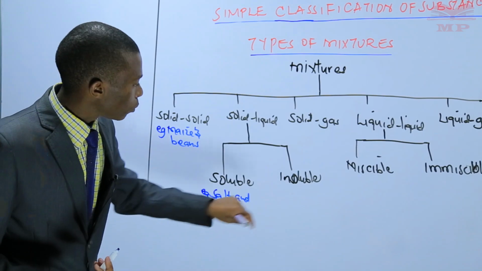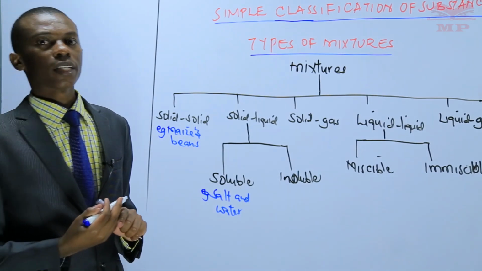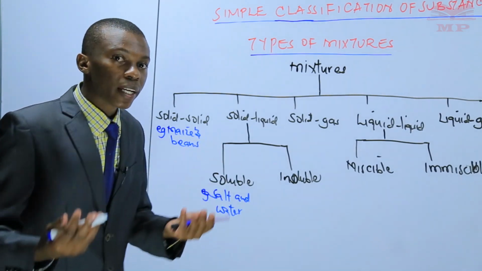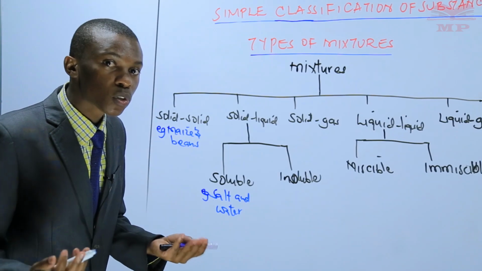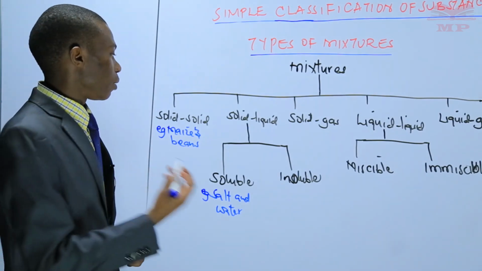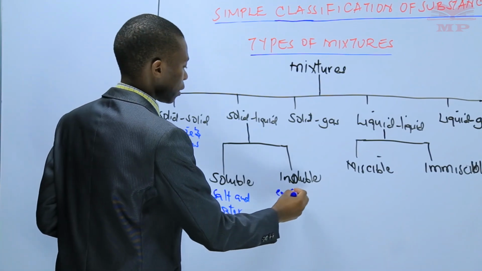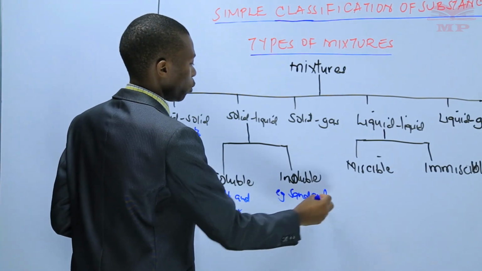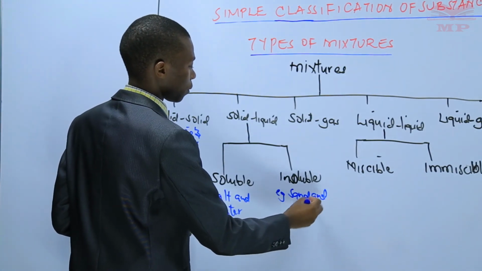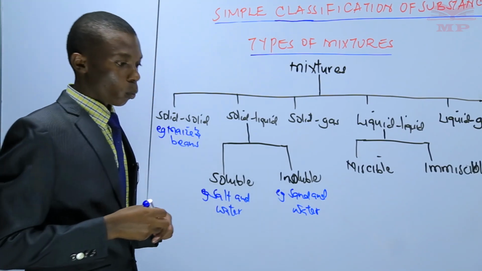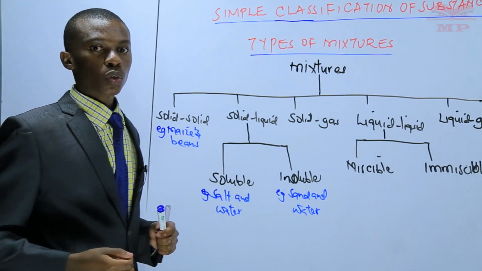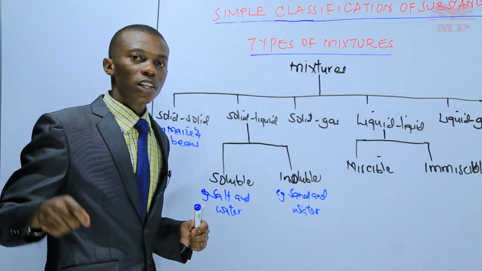We go to the next, which is an insoluble solid-liquid mixture. What do you think can be an example of an insoluble solid-liquid mixture? You can have sand and water. When you get some sand, you put it in water and you stir.